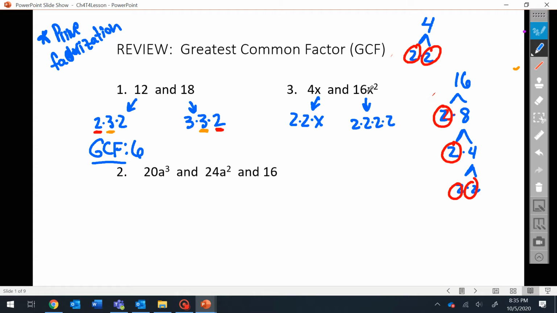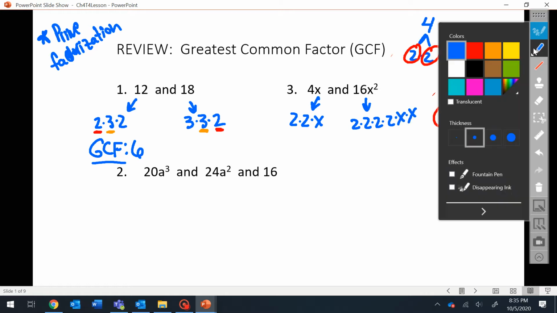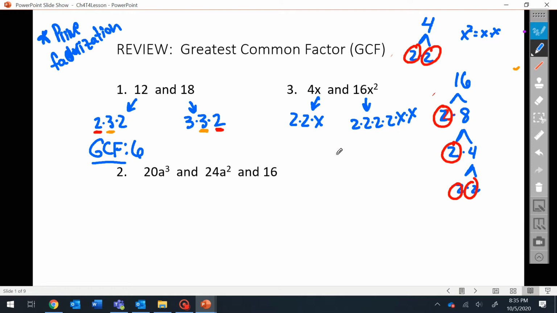Now I also have x squared, so I need to break that down. Well, what do I multiply to get x squared? I multiply x times x. So this becomes x times x. So the GCF is going to be what they have in common.